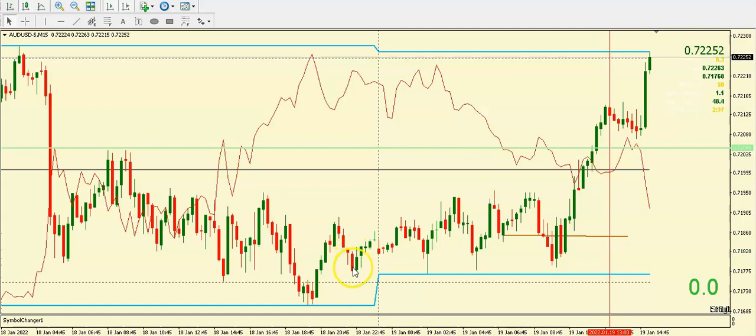This order block here, and I don't see any stronger confluences. I guess this W, the structure here, low, high, higher low.